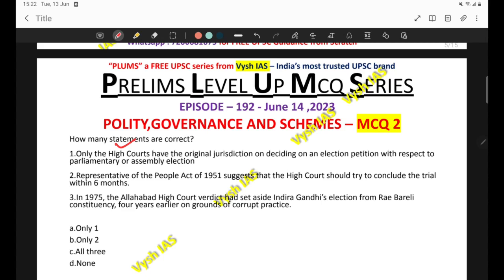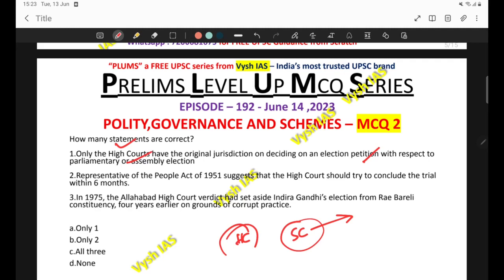The first statement reads: only the High Courts have the original jurisdiction on deciding an election petition with respect to parliamentary or assembly elections. Again, this is an extreme statement, but this is a correct statement. Today's homework for you will be to look at the High Court and the Supreme Court. You have to take both, and see on which elections the Supreme Court has the precedence, and on which elections the High Court has the precedence.